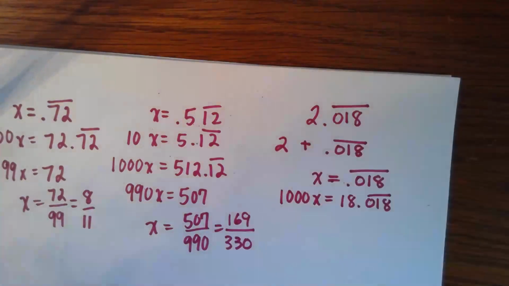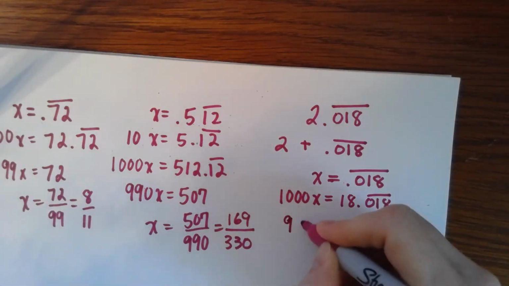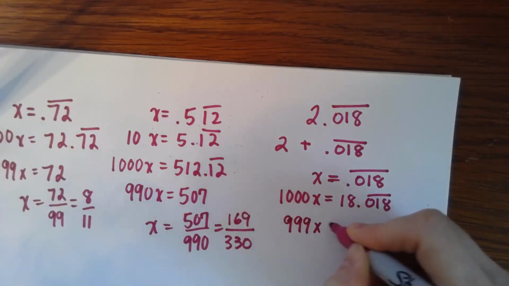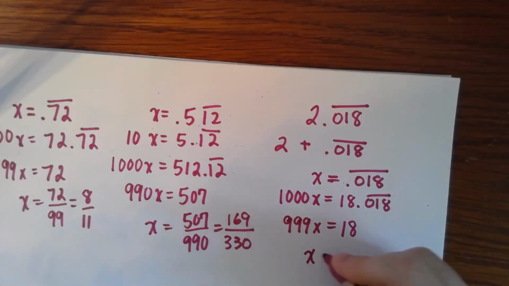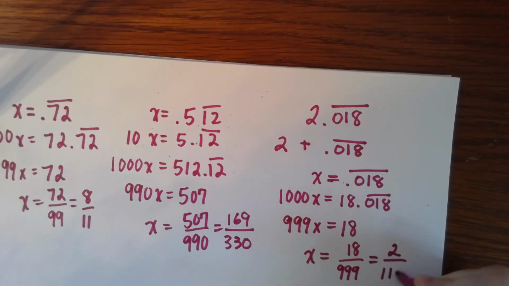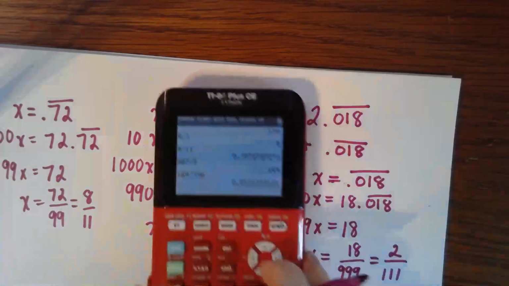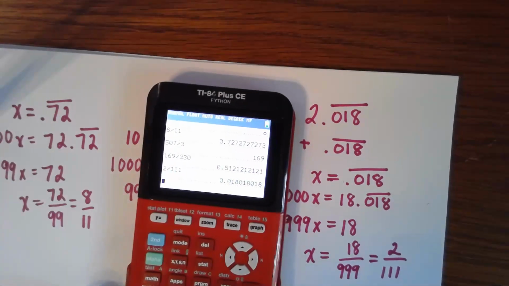If I subtract those two, I'm going to get 999x equals 18. And so x is 18 over 999. I guess that reduces: 9 goes into there twice, and 9 goes into there 111 times. Always good to check it and make sure. And indeed it is 0.018, 018, 018.